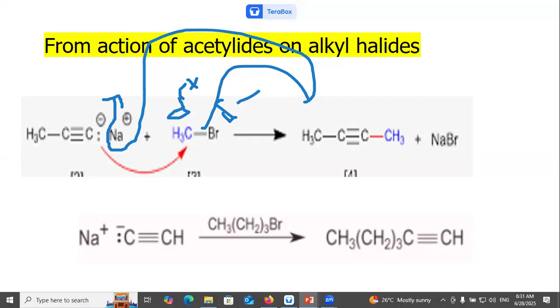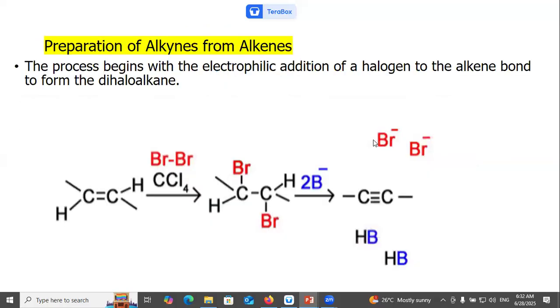In sodium acetylide also, sodium has positive charge and carbon negative charge. So the negatively charged carbon attacks the positively charged methyl group. So it produces the propyne, not butane, that is the alkyne.